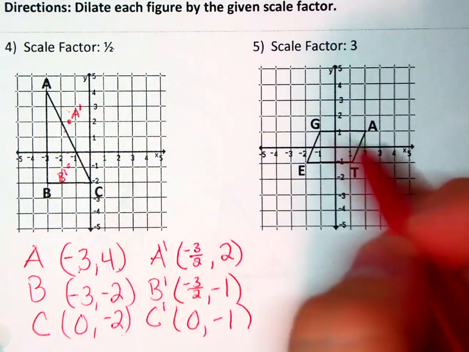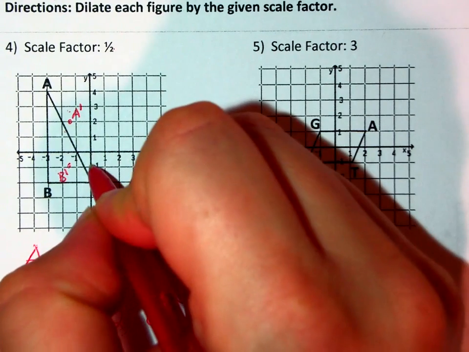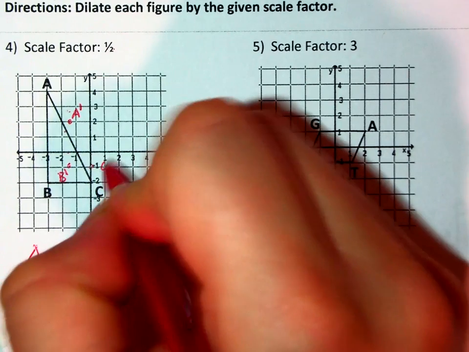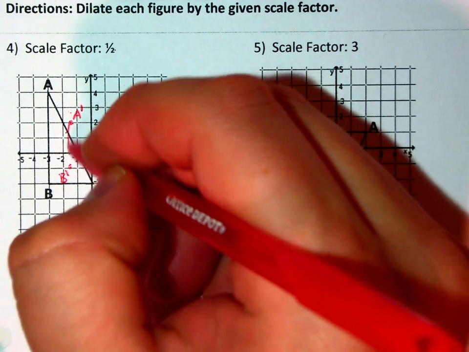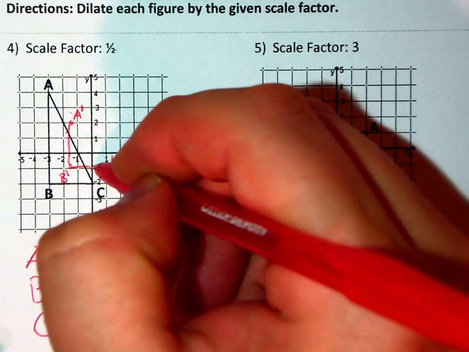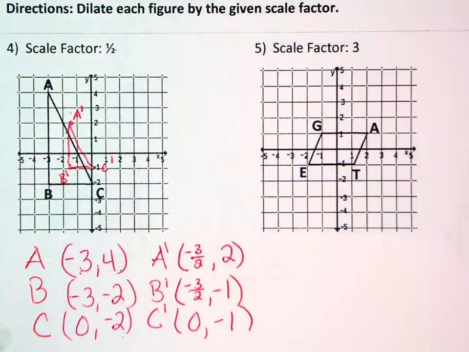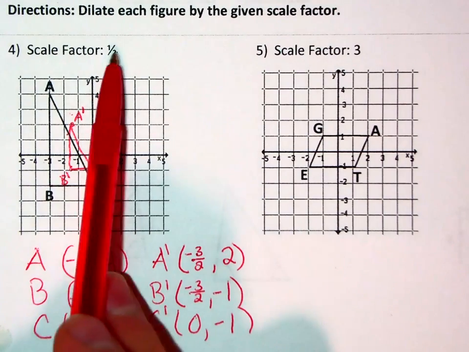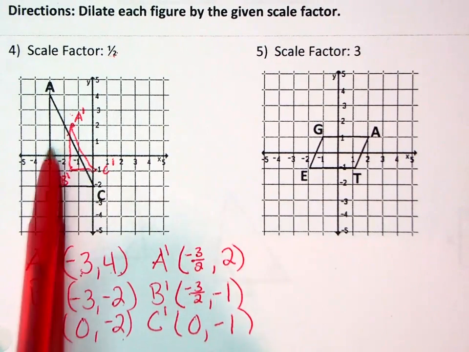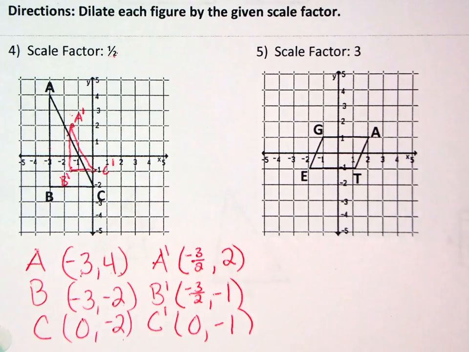My C prime is 0, -1. And now that I have my 3 points for my image, simply connect the dots. And that gives me my image that is a 1/2 scale factor dilation of my pre-image ABC.